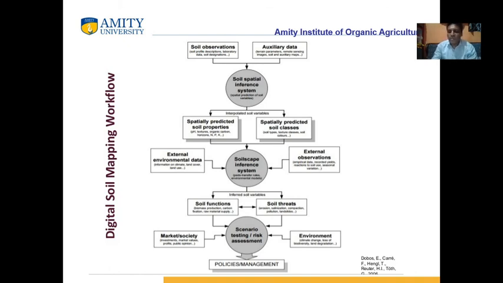These are the main headings which are the workflow. These are the steps involved in digital soil mapping.